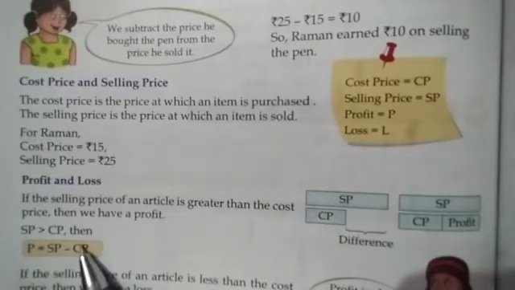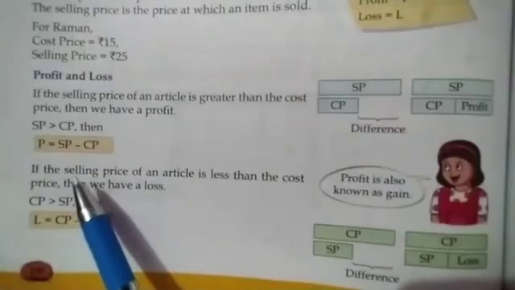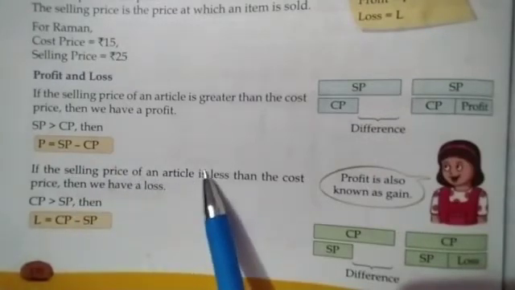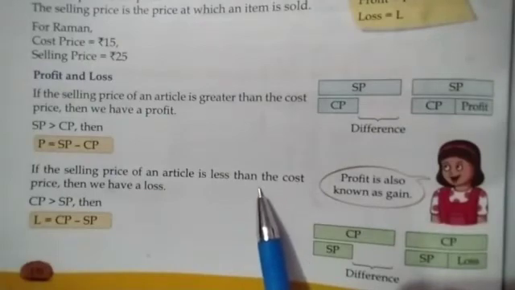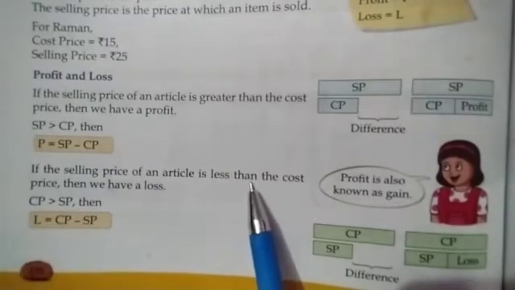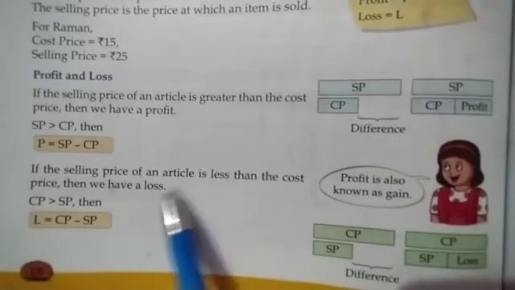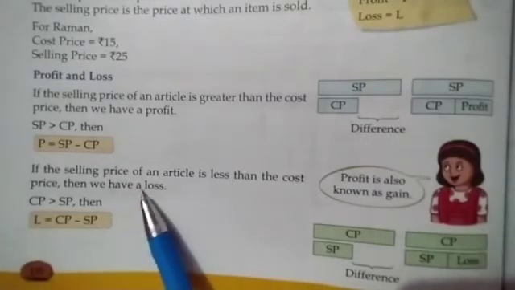In this transaction, if the selling price of an article is less than the cost price, that is, CP is more than SP, then we have a loss.